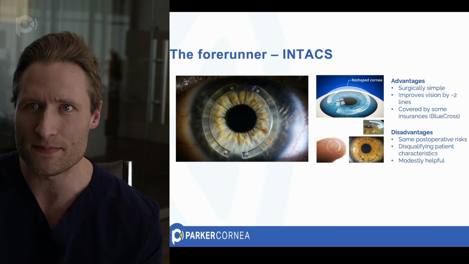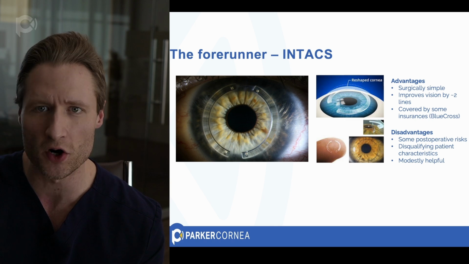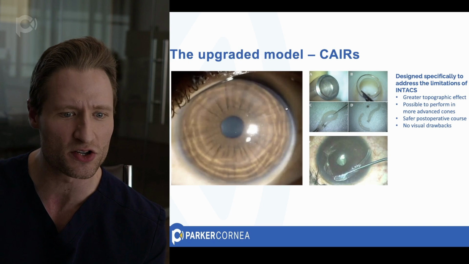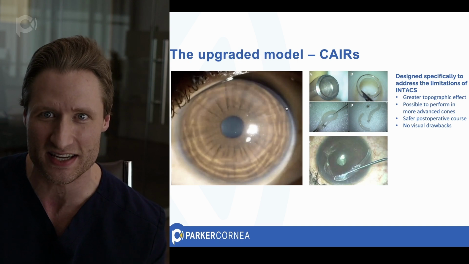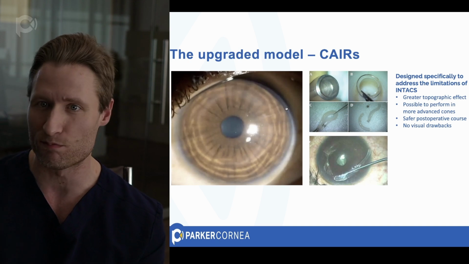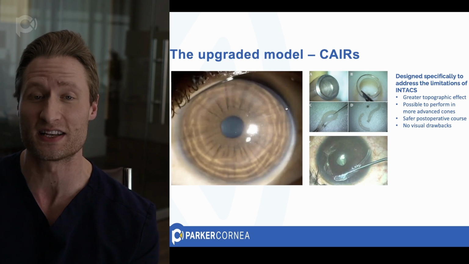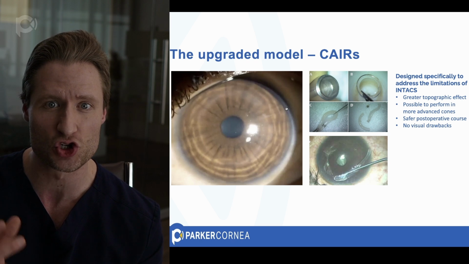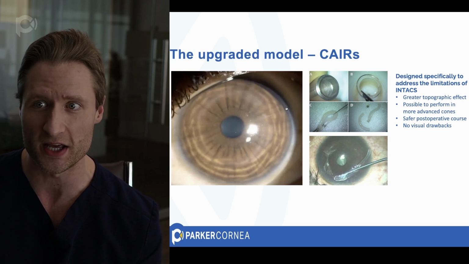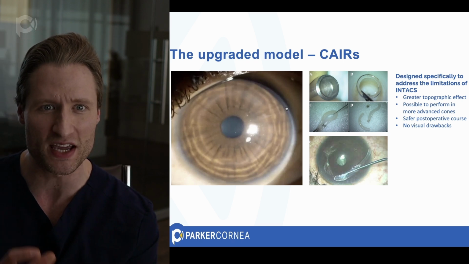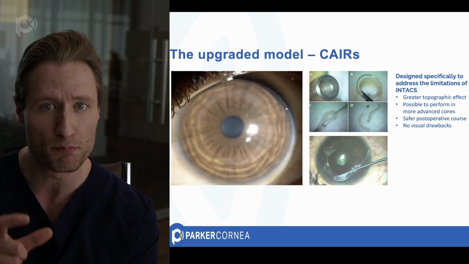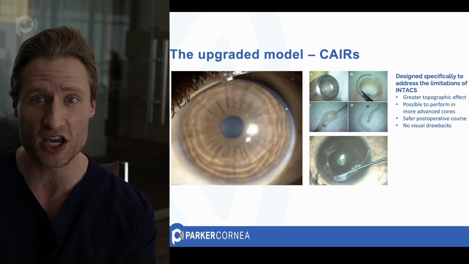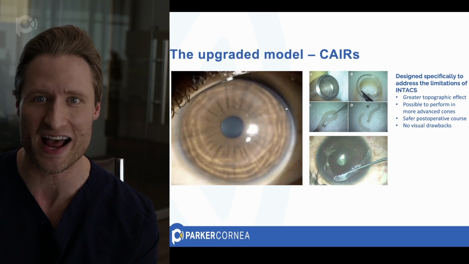But this concept resulted in an improved version of this operation, which has been around for a few years, called CAIRS. CAIRS is the exact same idea as Intacs, but instead of putting a piece of plastic in the cornea to flatten it, instead we use a piece of collagen, specifically corneal stroma from a donor cornea. It turns out you can use little pieces of donor cornea put into the recipient cornea, and it achieves an enormous flattening effect.